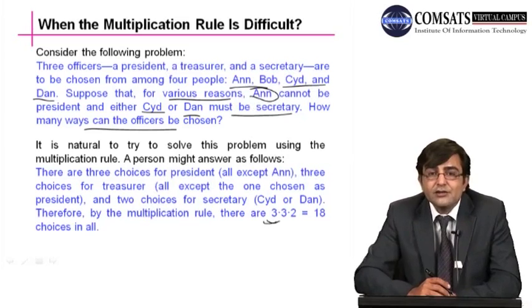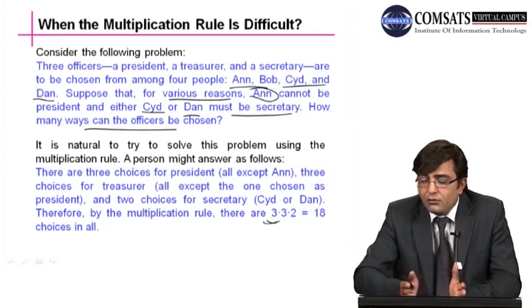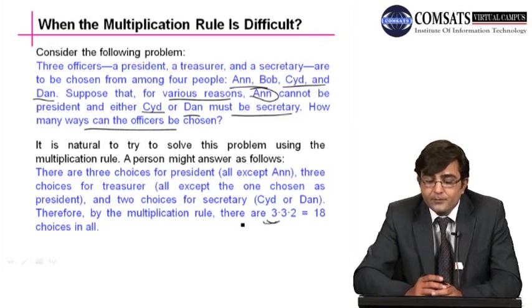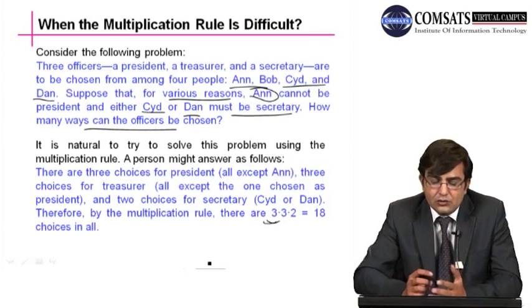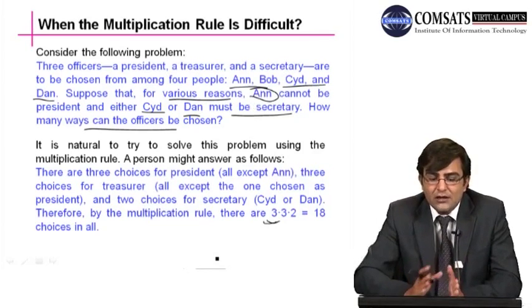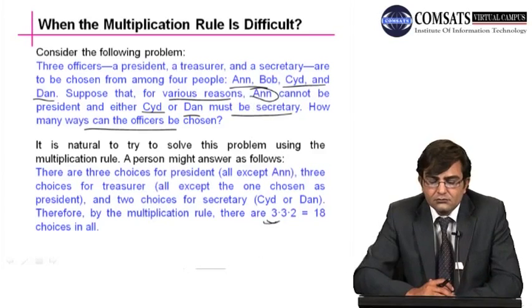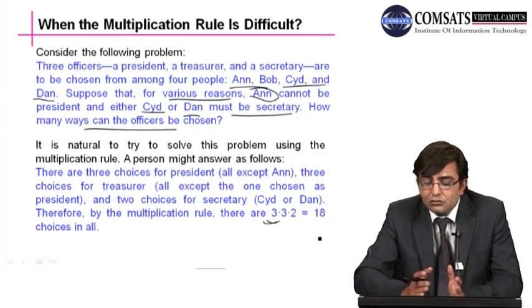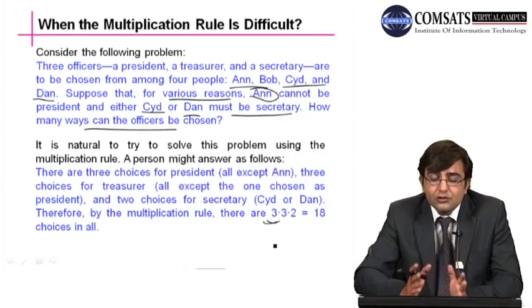Now how many possible ways to choose a treasurer from among these four people? A treasurer can be chosen from these four: we can choose Anne, Bob, Sid, or Dan. But remember that we have already chosen the president, so one person is fixed for the president. Now how many people are left to choose a treasurer?